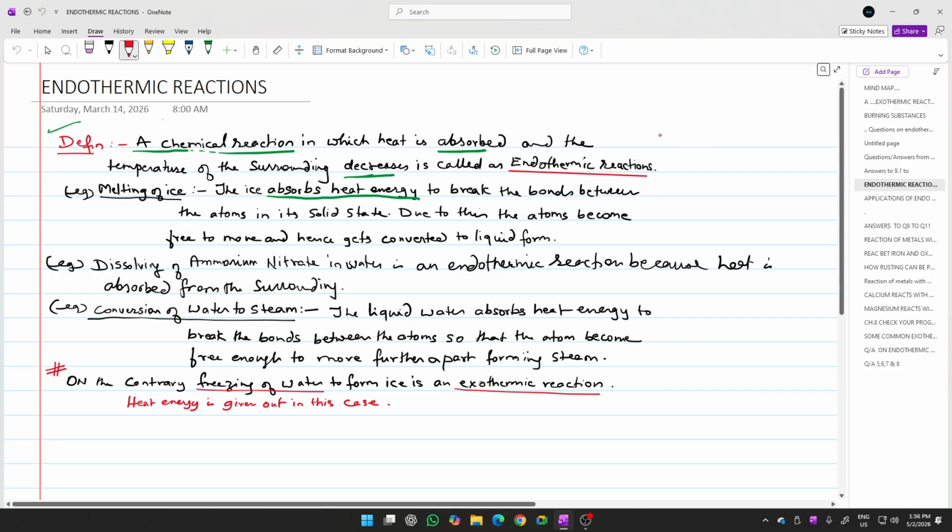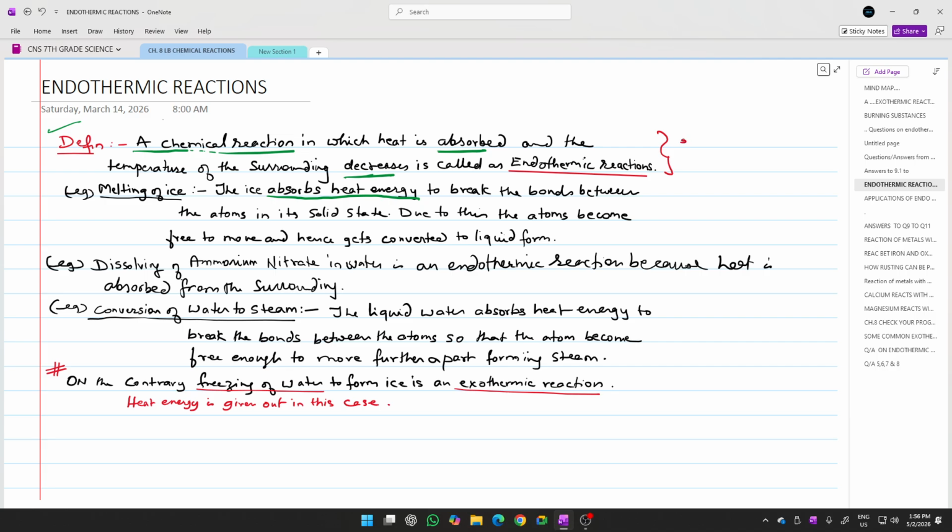Now here you should find the contrast with the exothermic reaction that we studied. In an exothermic reaction, just the opposite takes place.